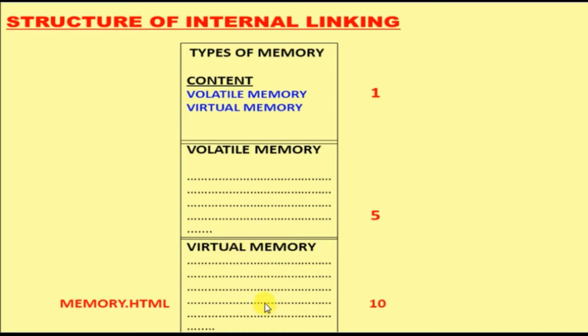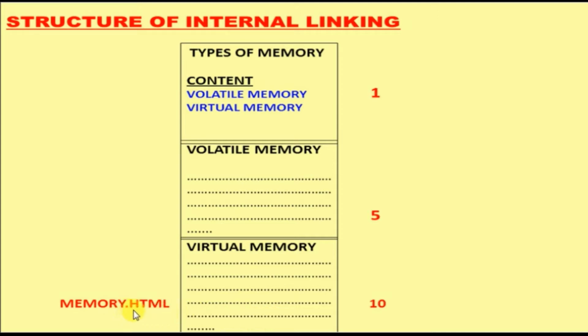So this is internal linking, you are not jumping to another page because this is the same page. This is a different section: the fifth page is a different section of the same document, and the 10th page is a different section of the same document. You are not going out, you will remain in the same document, the same file.